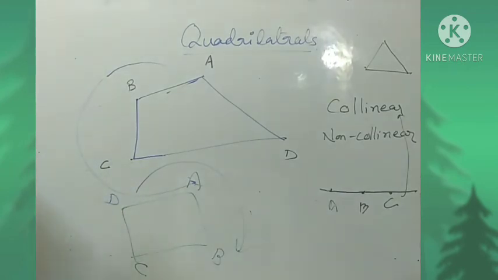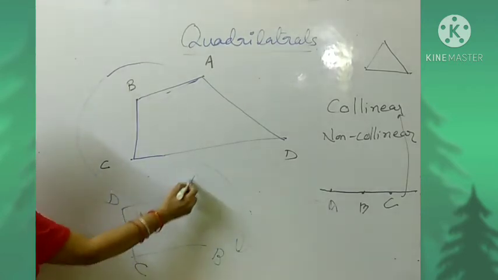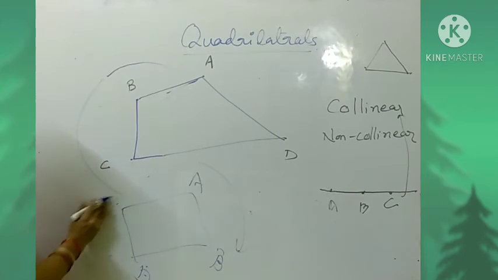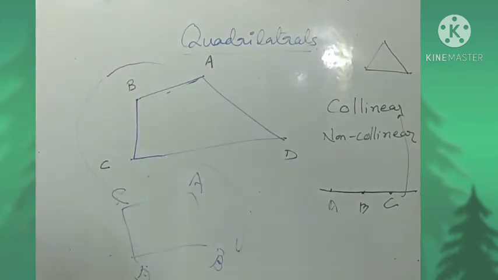That means you have to move in a sequence. You have to complete a sequence. You cannot write A, B, D, C. If you name a quadrilateral like this, it will be a wrong way to name it.